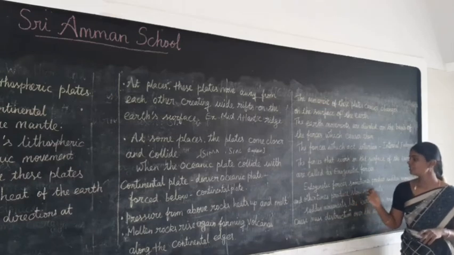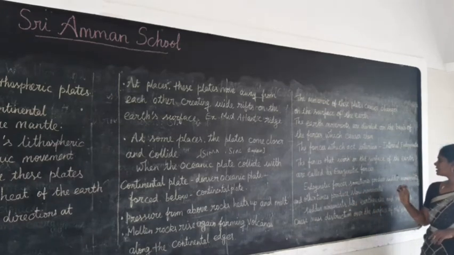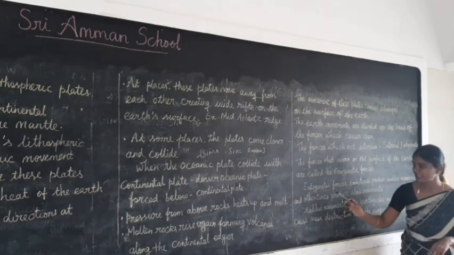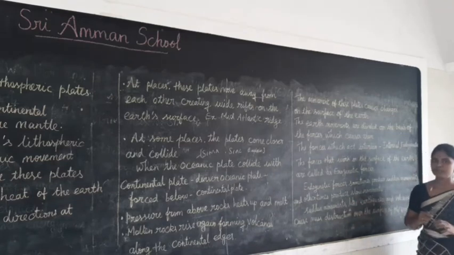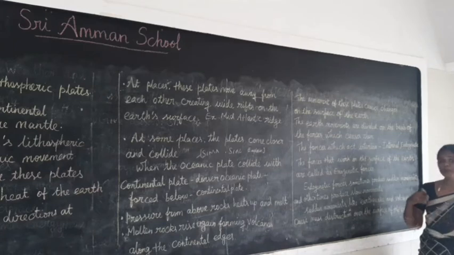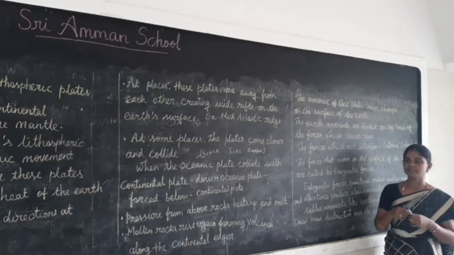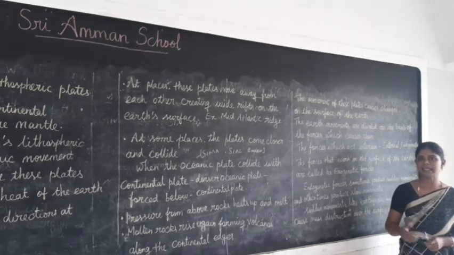Endogenetic forces sometimes produce sudden movements and at other times slow movements. Sudden means it happens suddenly, like earthquakes and volcanic activities.